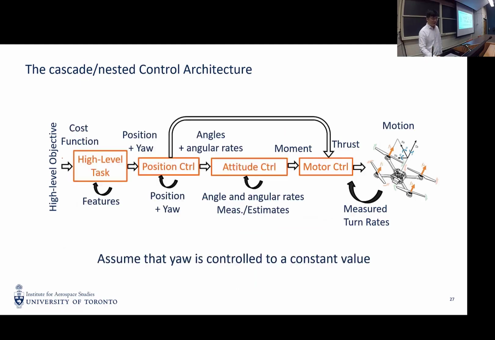So here is a control diagram I introduced last time. It's called a cascade nested control architecture, because of the decoupled nature of the quadrotor at its equilibrium. Basically, we can do the attitude controller first, and on top of that, we can design some position controller.